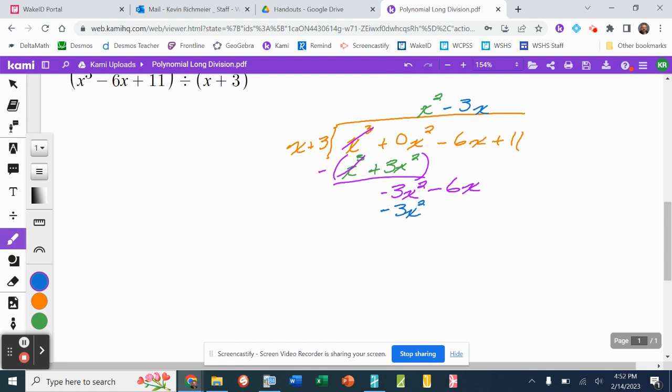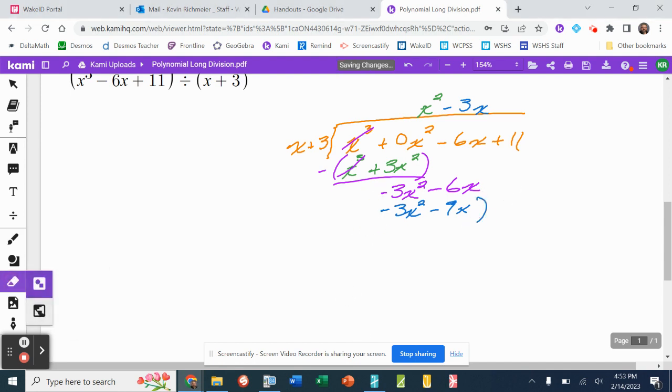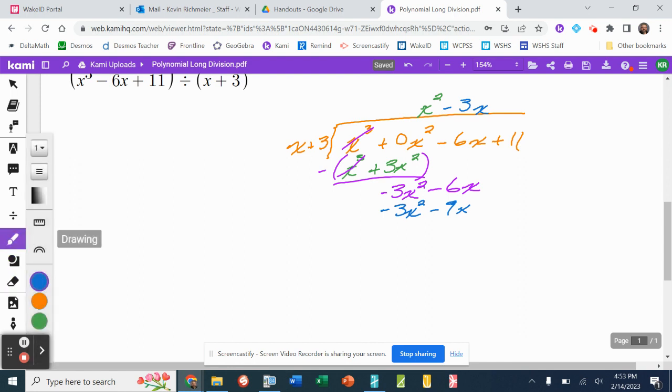And then I'm going to take negative 3x times positive 3. That's going to give us a minus 9x. However, we know we need to subtract that. So we're going to subtract these two.